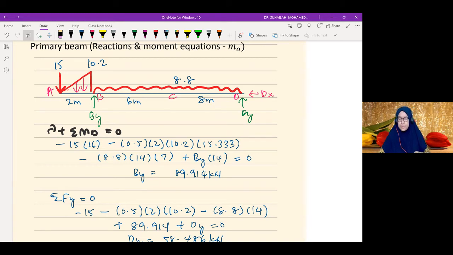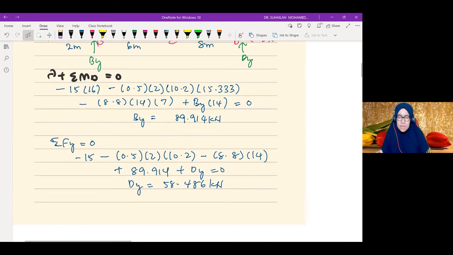It is 0. So this is the reaction in the primary beam: BY is 89.914 and DY equal to 58.486.